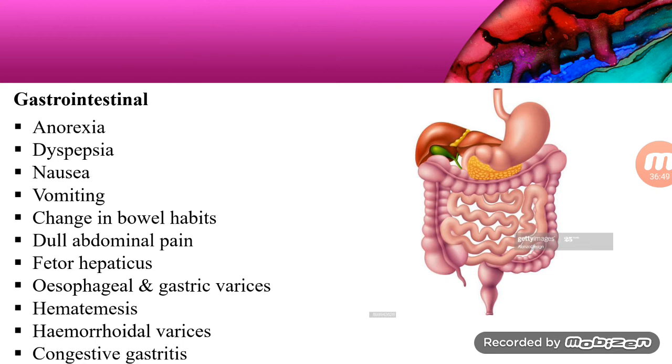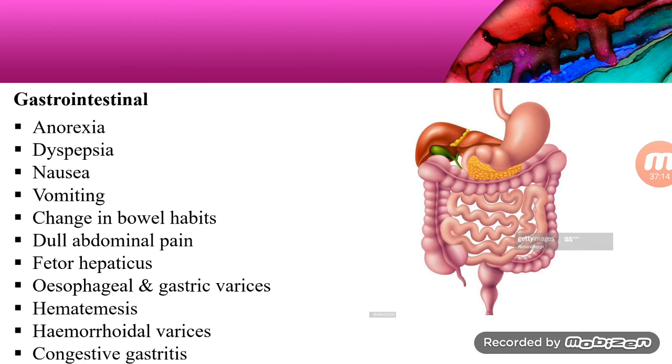Then esophageal and gastric varices. Varices is what? The term varices means enlarged veins. So the esophageal as well as gastric veins will be enlarged. Then hematemesis.